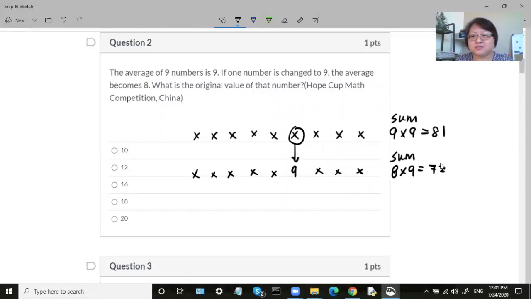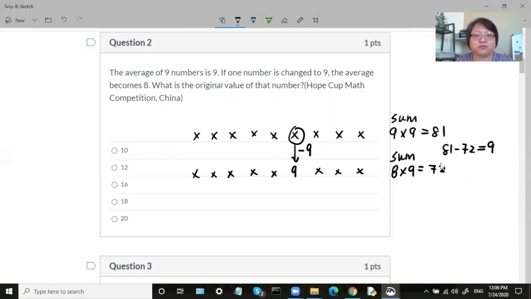So the difference is 81 minus 72, which is 9. So this new sum is 9 less than the old sum. How come the new sum is 9 less than the old sum? Is that because this number changed to 9? So that means this number minus 9 becomes the new value, 9.